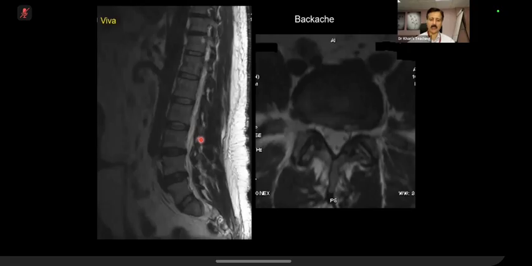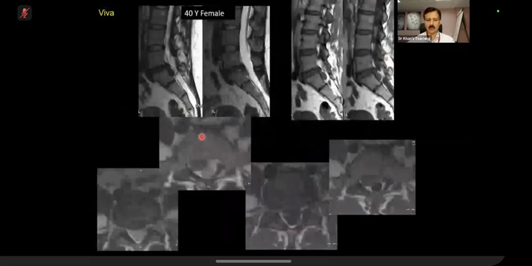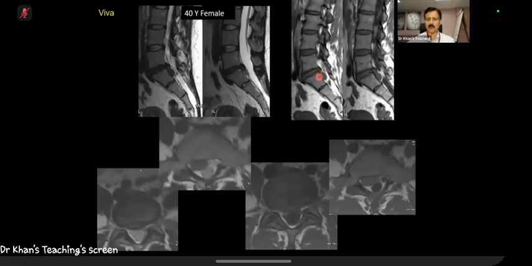And what is going to happen in disc herniation is that the nucleus pulposus is going to extrude out. So the definitions of protrusion, extrusion, etc. For example, if you go back to this case, this has come out and then it has gone inferiorly, and then there is a fragment which has separated. So that is known as disc extrusion with inferior migration with a sequestrated fragment.